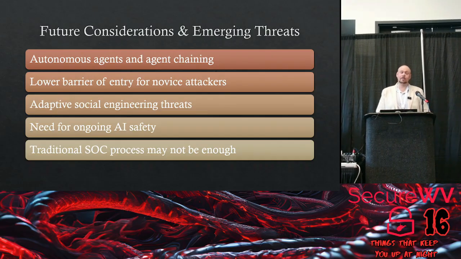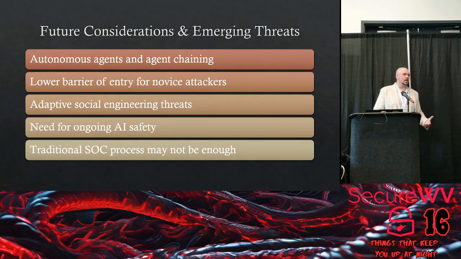Adaptive social engineering threats. You know how many times we've taught users, if it's misspelled, if it looks funny, if it's a Nigerian prince trying to sell you beachfront property in West Virginia, you probably shouldn't respond to it. But now we have spear phishing campaigns that address you in perfect English.